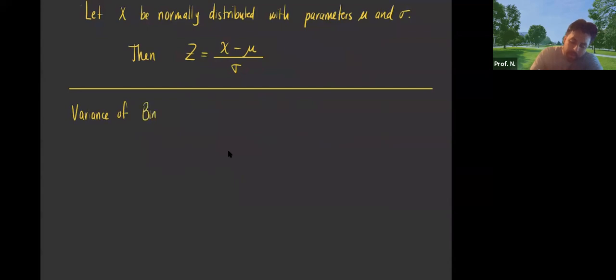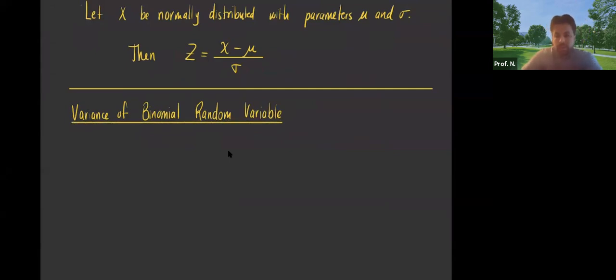So we're going to talk about the binomial again, because the normal distribution is actually a pretty darn good approximation, similar to the Poisson distribution being a good approximation to the binomial random variable. But to talk about this, we have to just talk about the variance a bit.